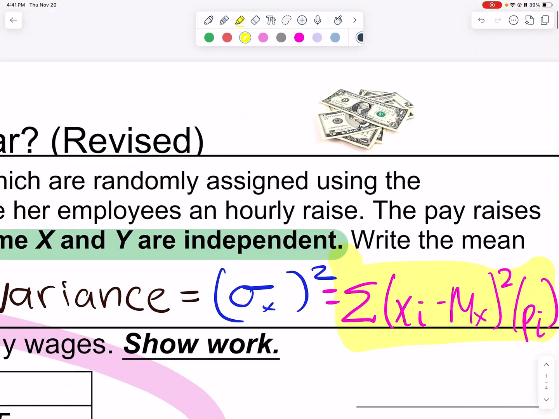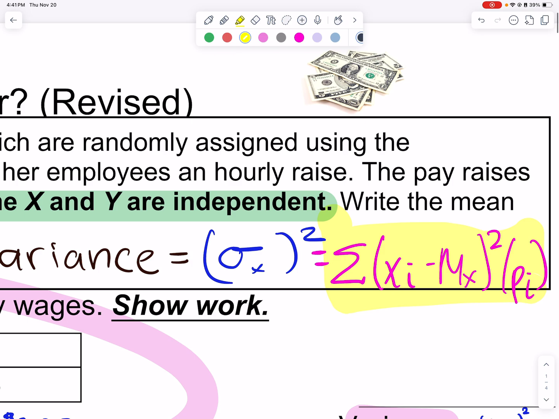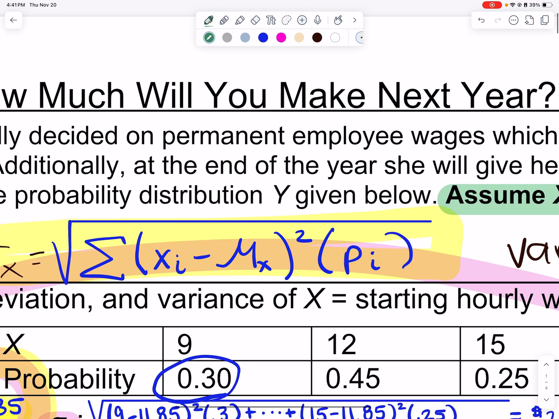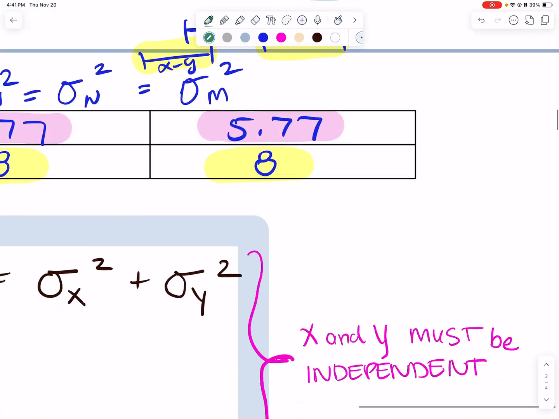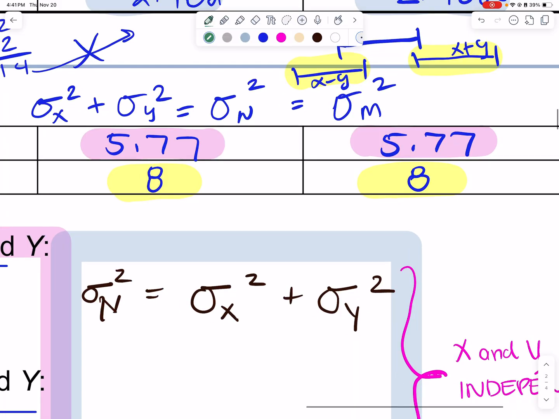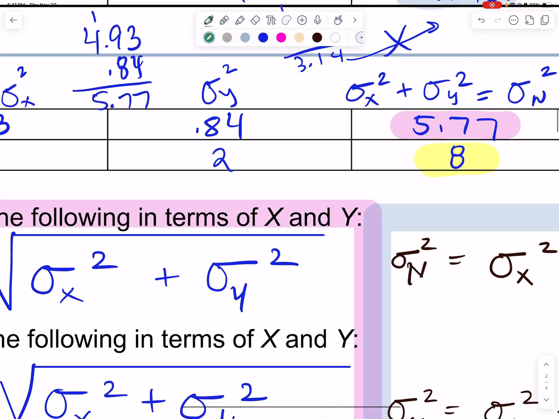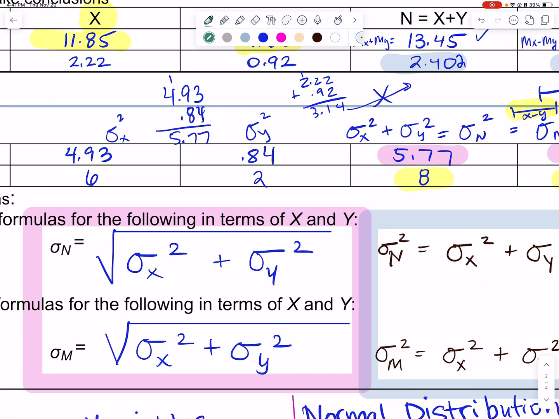I asked you what the variance was, and we decided that the variance was the same as the standard deviation, except standard deviation had a square root symbol. So all I have to do is take this and put a square root symbol on it, and that's going to be my standard deviation.